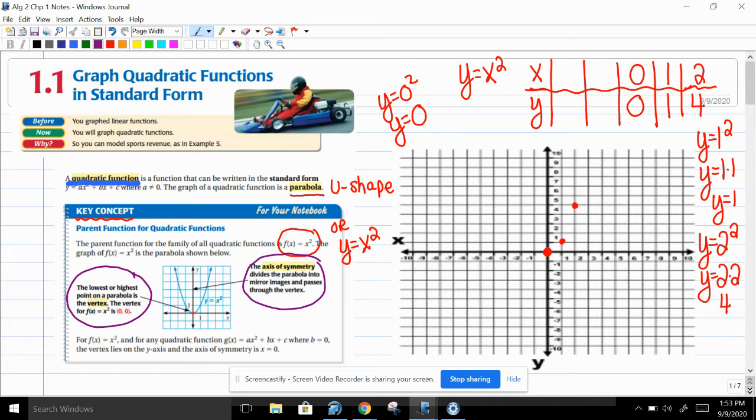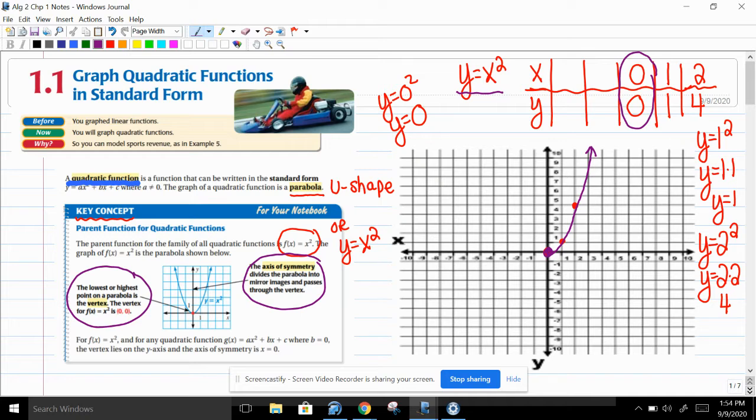The vertex of our parent function, f of x equals x squared or y equals x squared, is 0 comma 0. So this is our vertex right here. That's where the graph is going to change direction. Now, if I started to draw the first half of my parabola, you can tell it's going like that.